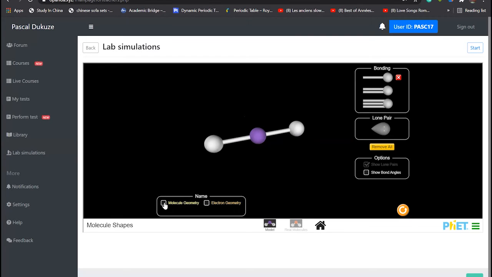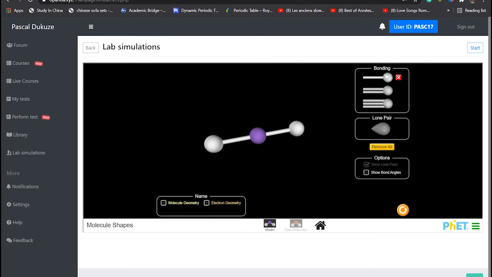You can tick here to know the name of the molecular geometry. And here you get the name of the electron geometry, the arrangement of electron pairs, all of them. And if you want, you can deactivate that.